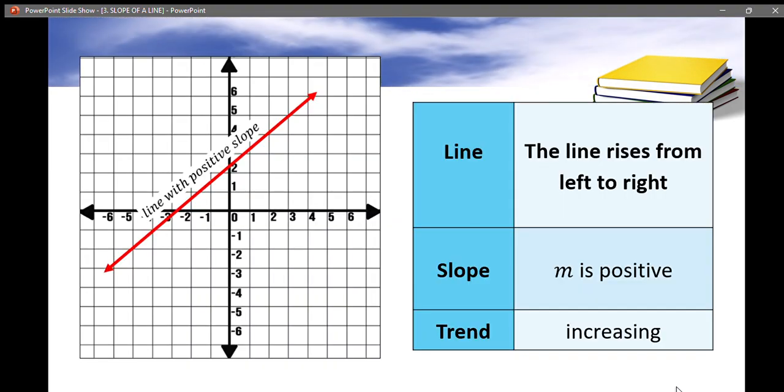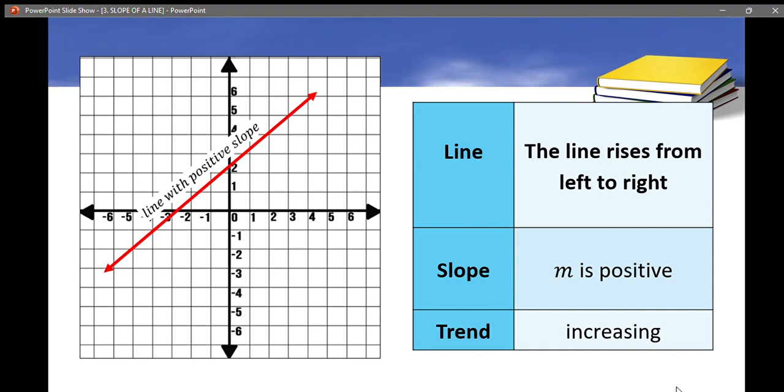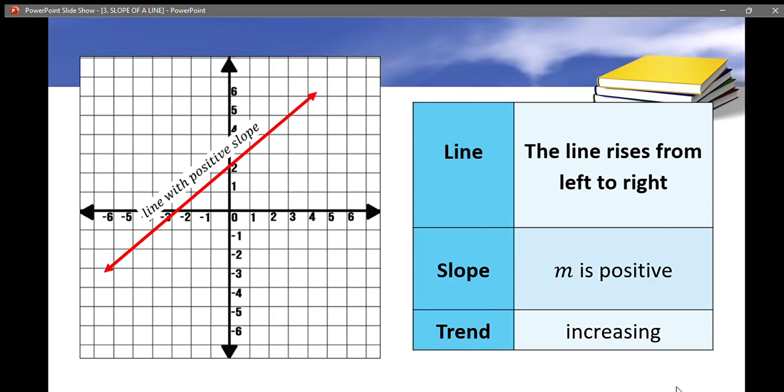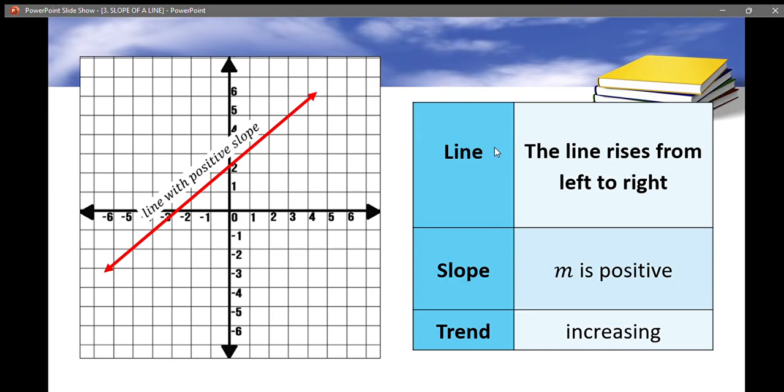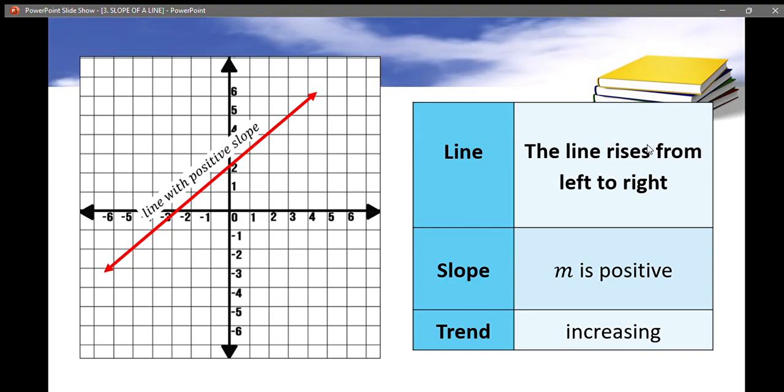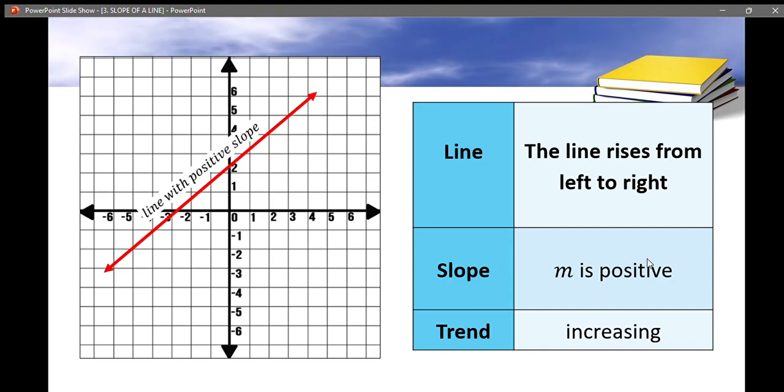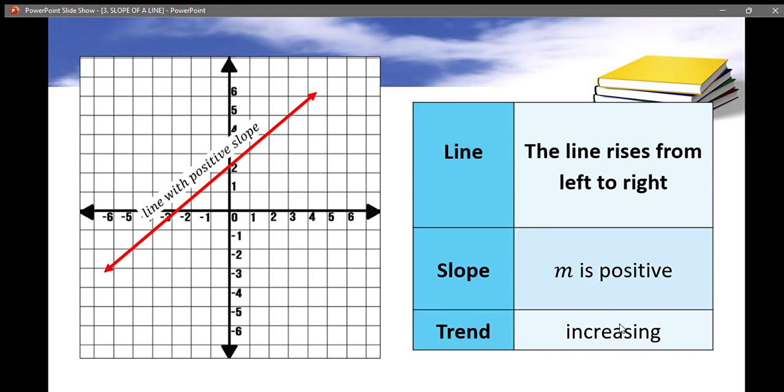So let us sum it all up. If the line has a positive slope, as in this given graph, our line rises from left to right, so we have a positive slope, and our trend is increasing.